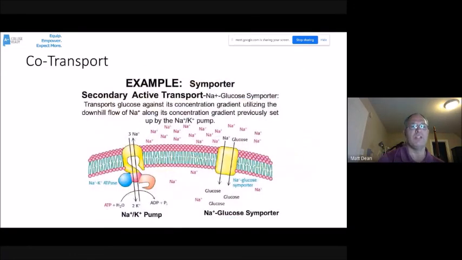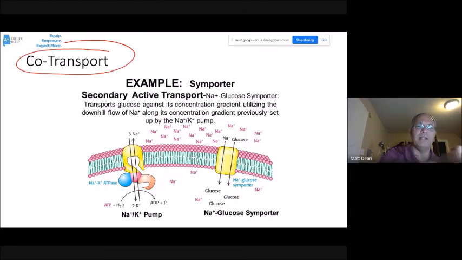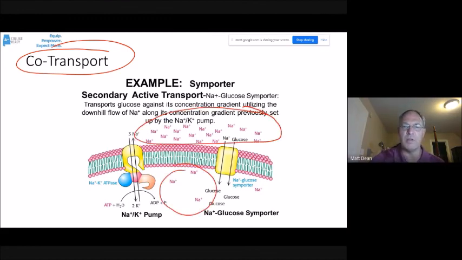The last thing I want to mention is co-transport. So again, this requires energy, but it doesn't necessarily require ATP to happen. This often happens when a substance like sodium, notice there's a lot of sodium outside the cell, not very much inside. So the sodium moves in through a protein, which is this yellow thing here. It moves in from high to low. It's moving with the concentration gradient. Well, that's almost like an energy source.